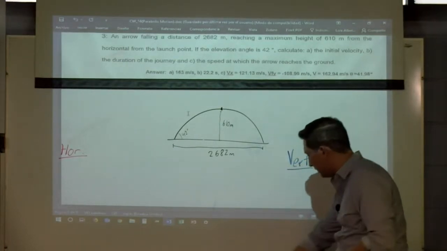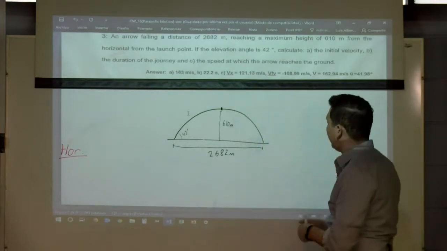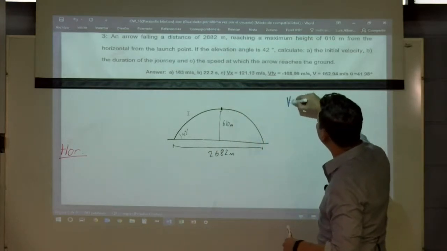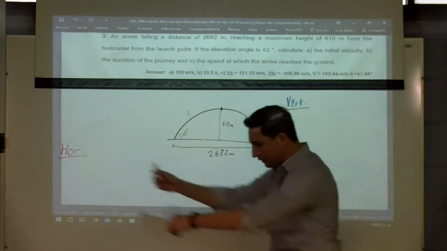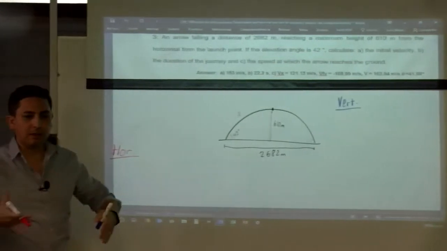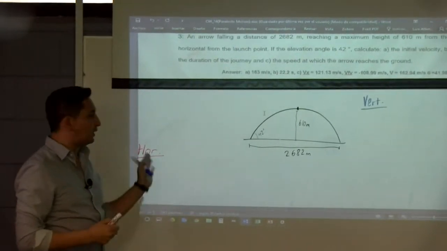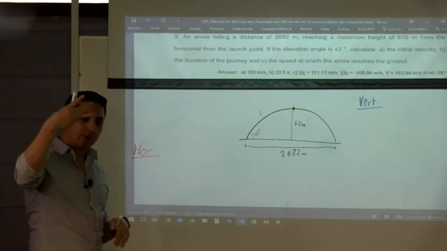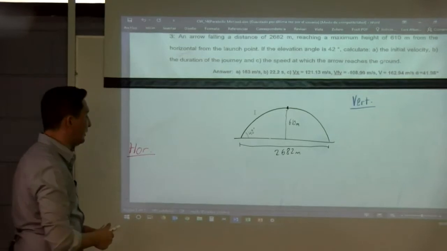I'm going to write it a little bit higher so you can see it better. Something important that you need to know, and this is part of the explanation that I will give you today, is that in the two of them we use the three kinematic equations, the ones that we have been working all these weeks.